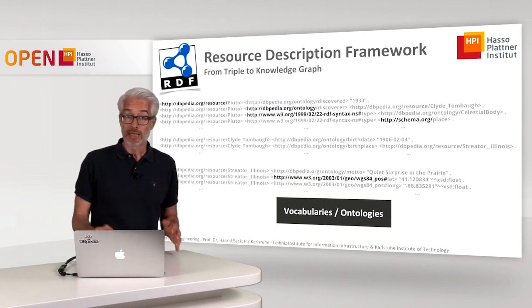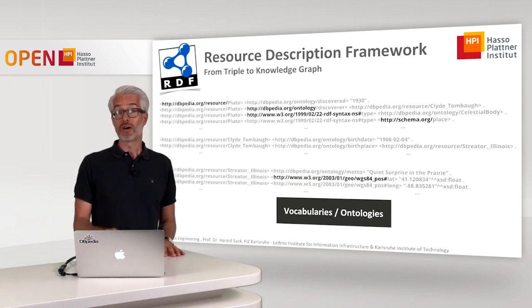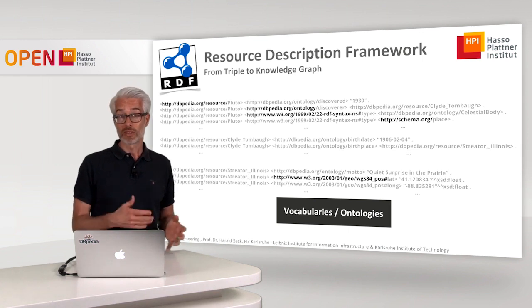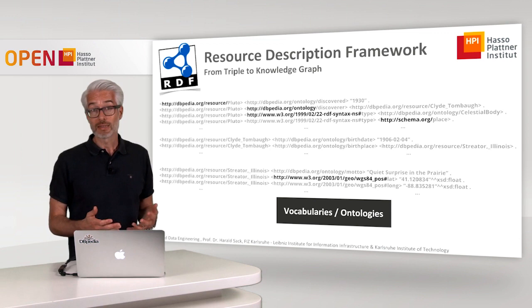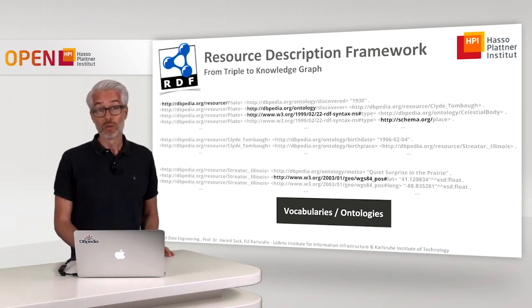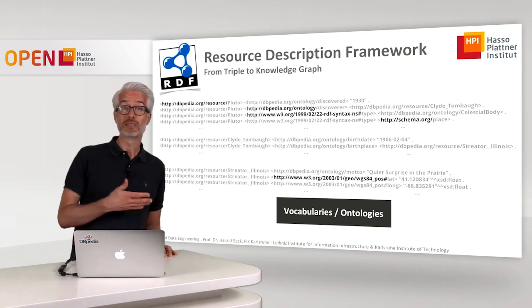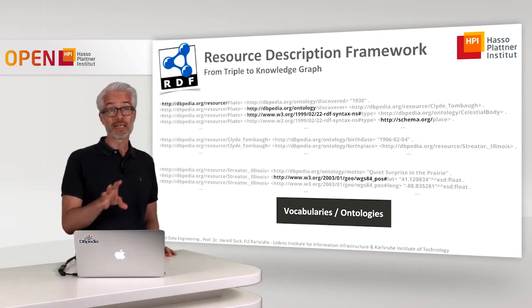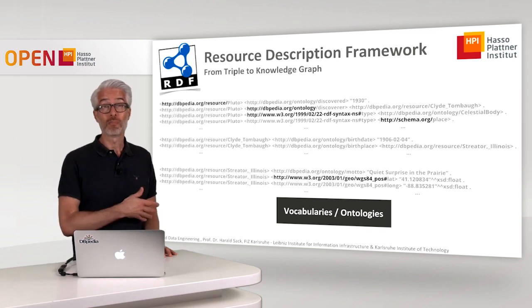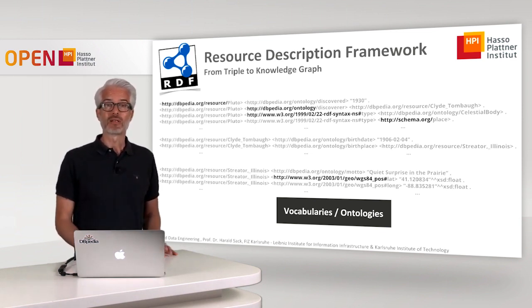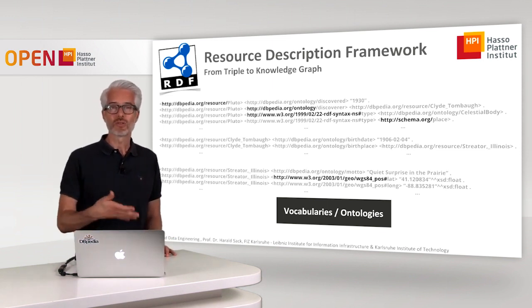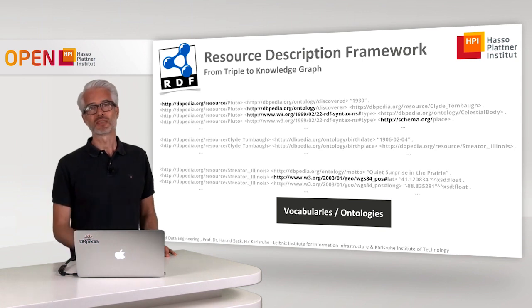And the nice thing is we do not have to invent all these vocabularies or these URIs on our own, because simply there exists quite a lot on the web. So we have, for example, all the knowledge which is represented in Wikipedia, and we have this in DBpedia. So DBpedia stands as a reference for many objects in the real world. And there are also ontologies and vocabularies defined for the most common properties, which are also represented in DBpedia.